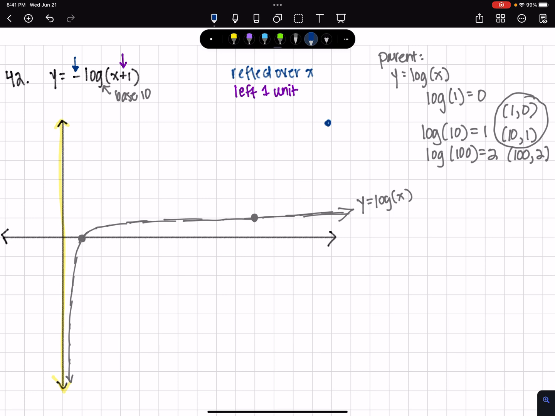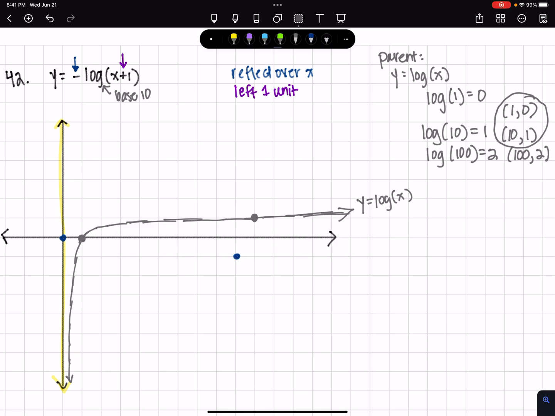We're going to take this first lattice point, 1, 0, and I'm going to reflect over the x-axis. So it's on the x-axis, it's not going to go anywhere, and then it's going to go left 1. And then we're going to take this point, reflect it over the x-axis, and then go left 1.